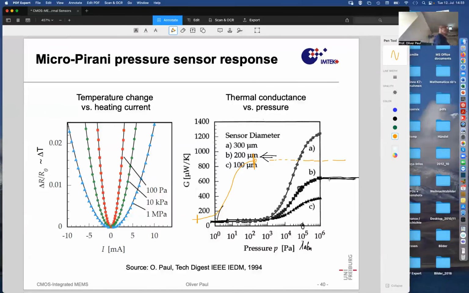Now you can extrapolate this to the invention of other sensors. If this sensor had a gap of 50 nanometers, then this whole curve would be shifted a factor of 10 towards higher pressures. And if it was 5 nanometers, it would be 2 of those.